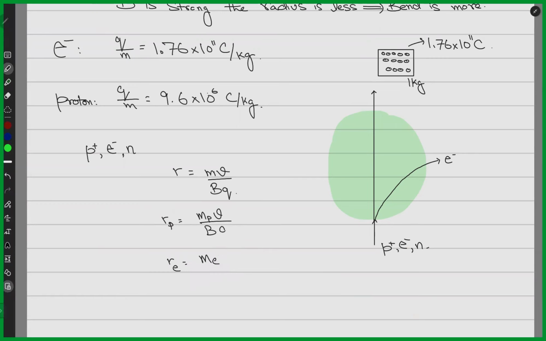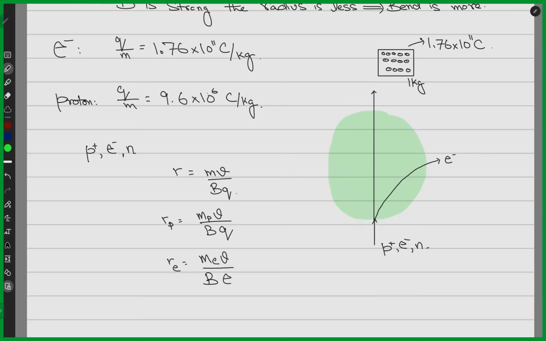It would be more, right? So you would expect a much larger radius for the proton, and it would be deflected in the opposite direction because of the opposite signs of these two particles.